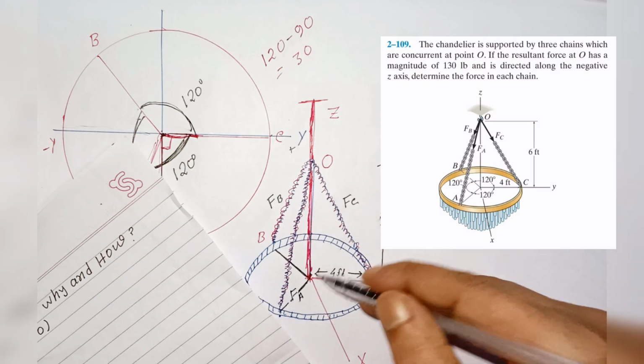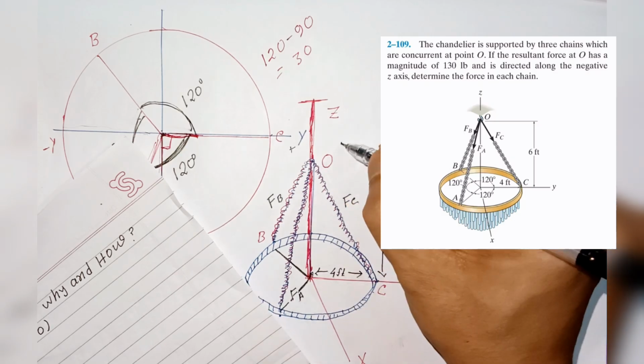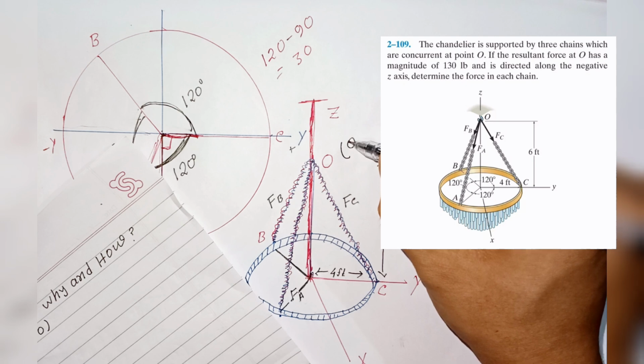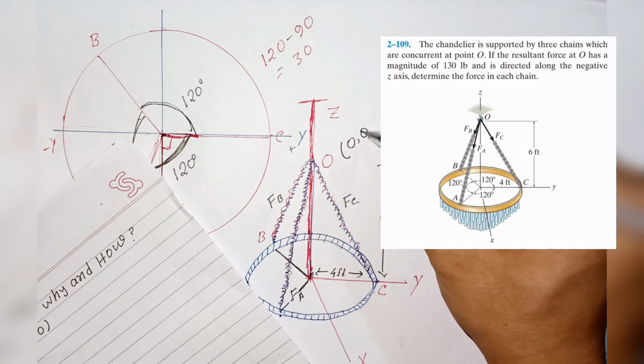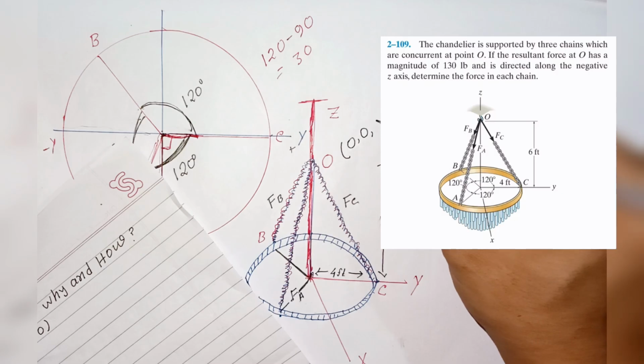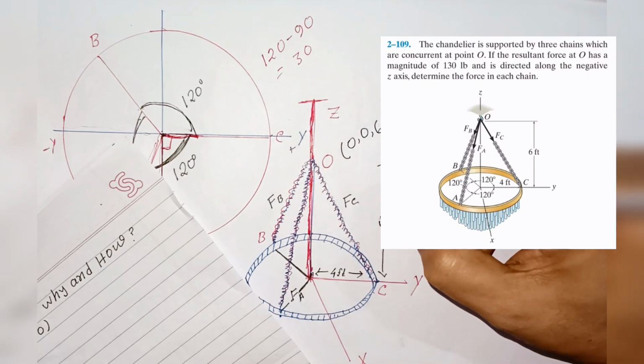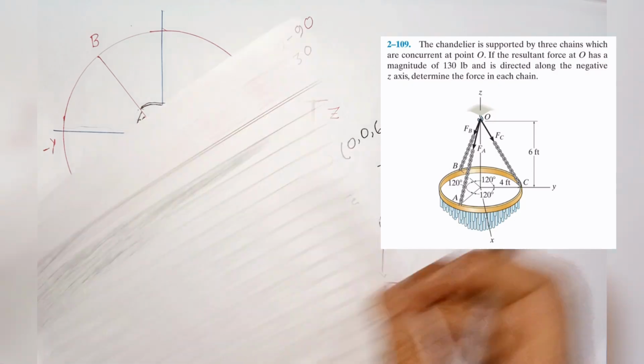And the coordinate of origin O is 0, 0, 6, because no x displacement, no y displacement, only height, which is given as 6 feet. The question says the height is 6 feet, not me.